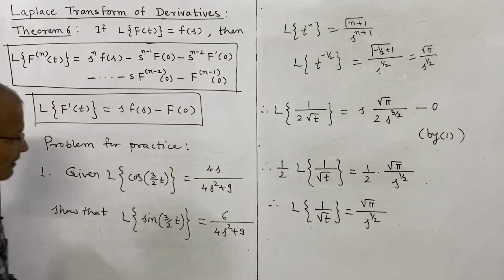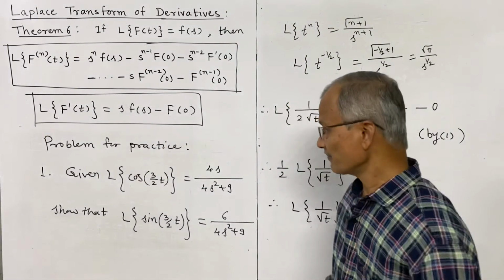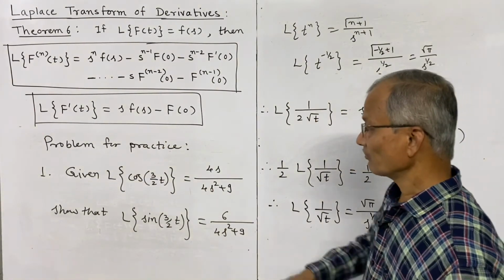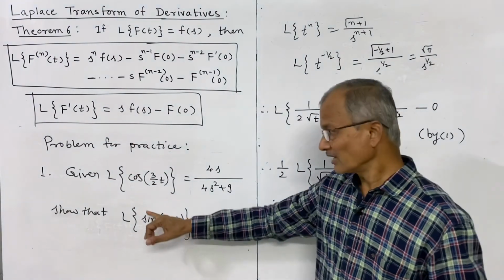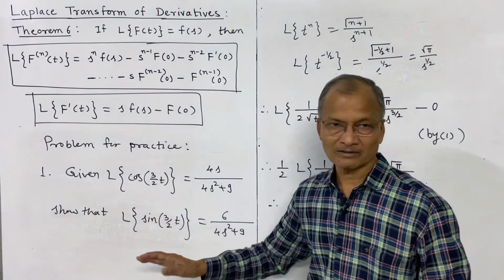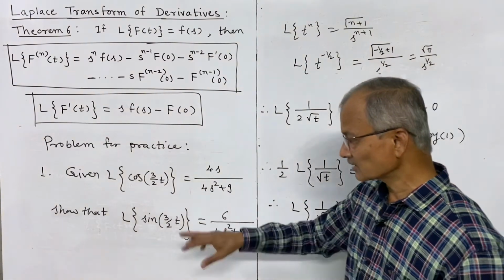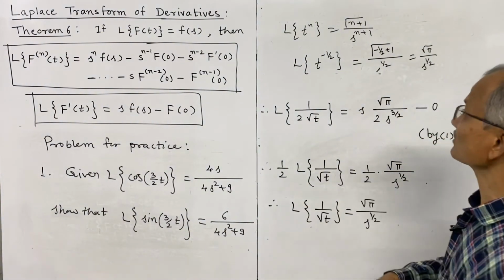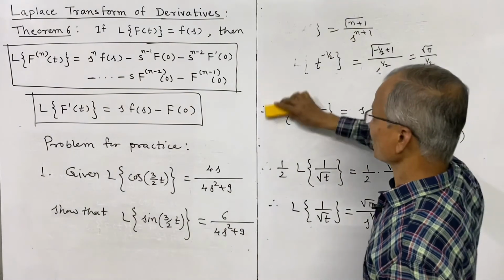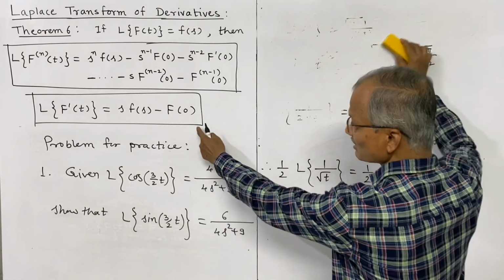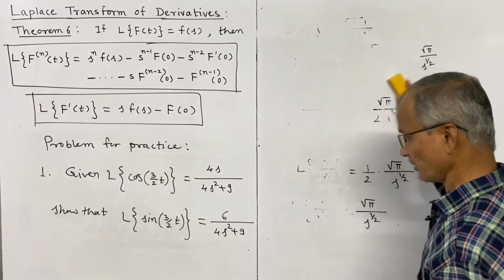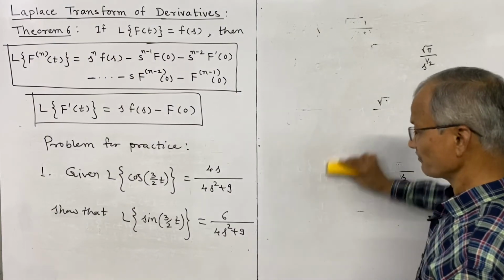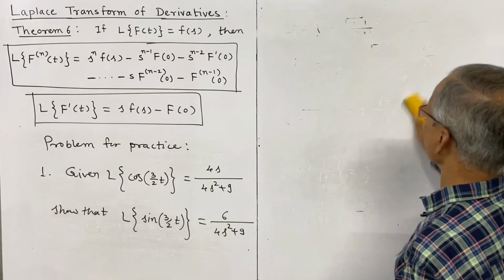And now you can solve the problem in the same way. We should take this as f of t, and what should f dash of t be? The derivative of cosine is sine. So actually a negative sign and constants will be there, but the negative sign and constant can be written outside the Laplace transform, and therefore this result is applicable for obtaining this Laplace transform of sine 3 by 2 t, and you can solve this problem like the earlier one.